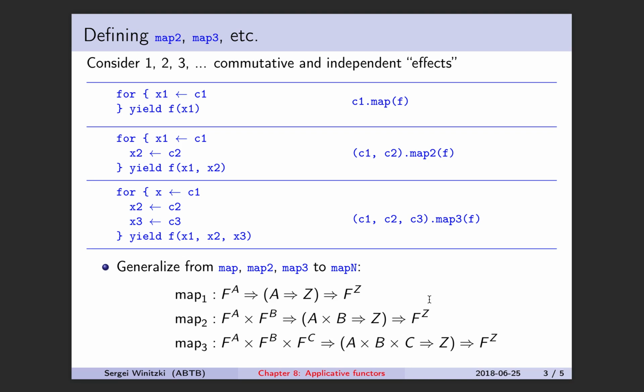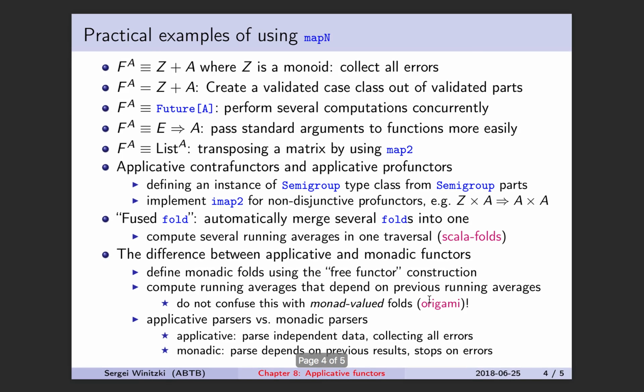So that's going to be the subject of the next tutorial, part 2 of chapter 8. In this part 1, I'm just going to talk about practical considerations, practical examples of how you use this mapN, concentrating mostly on map2. mapN will be used in a very similar way.